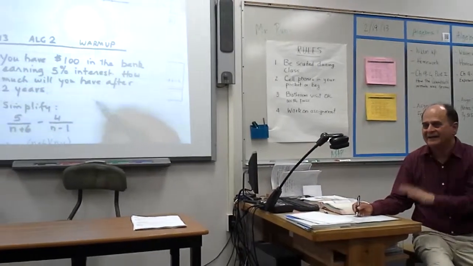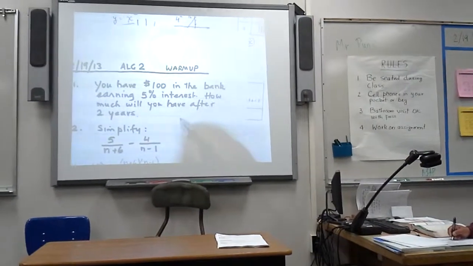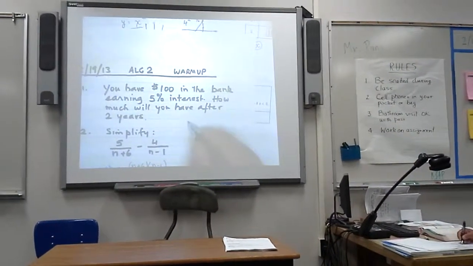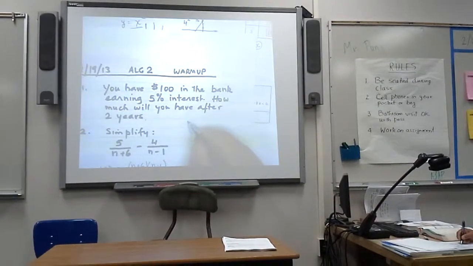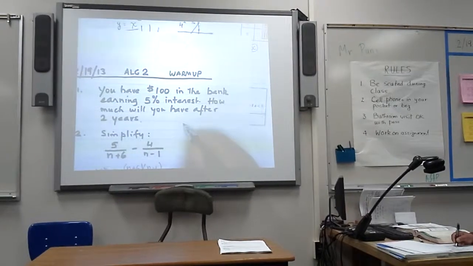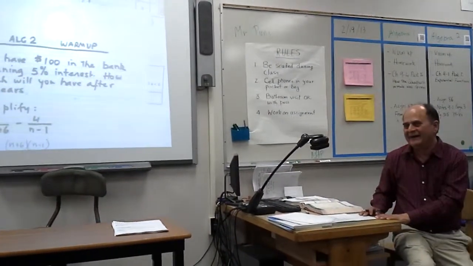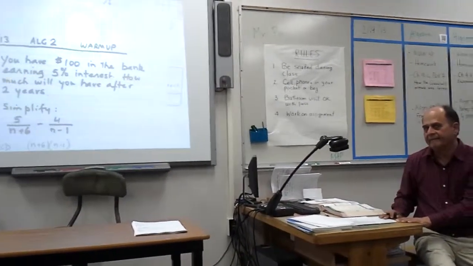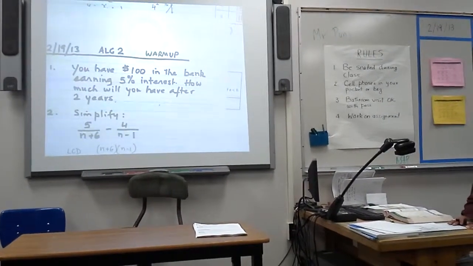I took 5% of 100, which is 5, and then I multiplied it by 2, so I got 10. So I got 110. You got 110, okay. And 25 cents. Anyone else have any ideas?